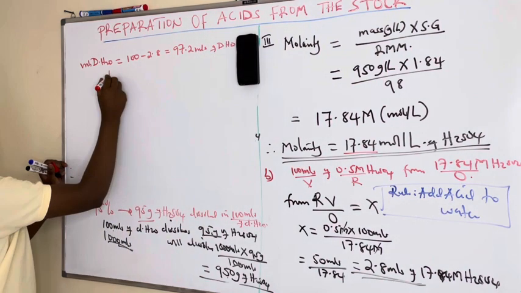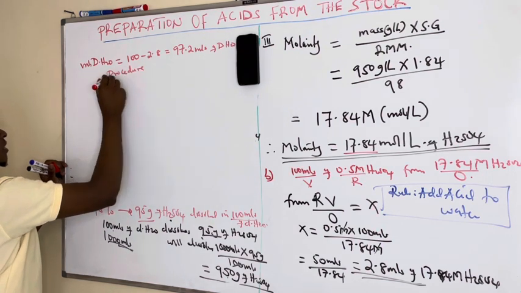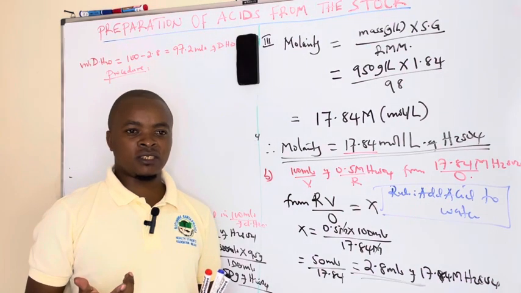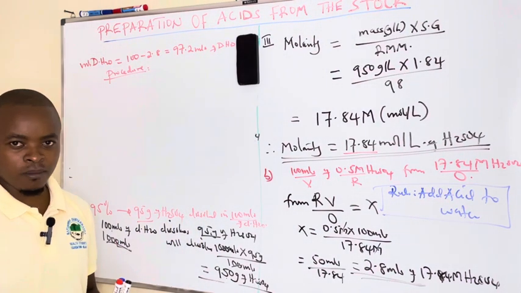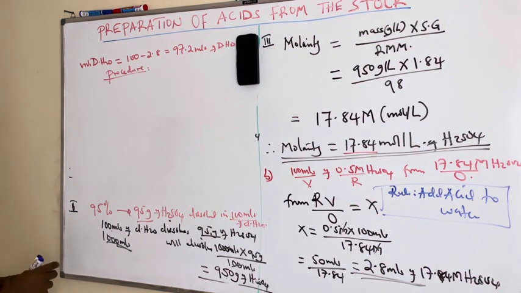So under the procedure, after you have got that, you assemble the requirements in place, whereby we need a measuring cylinder, the reagent bottle or storage bottle, the label, and the conical flask.